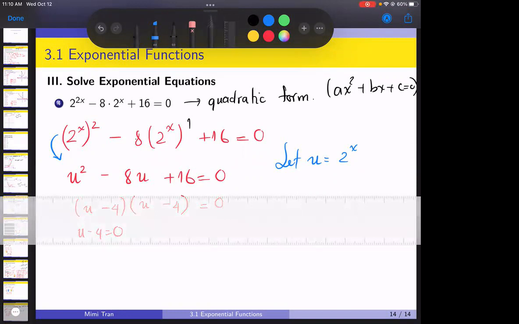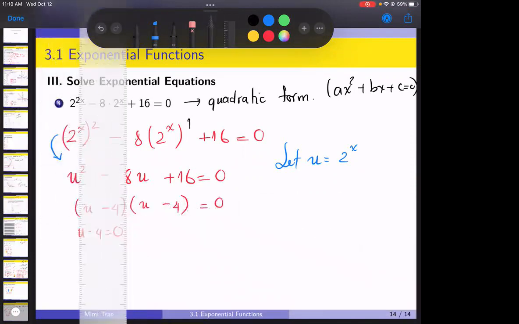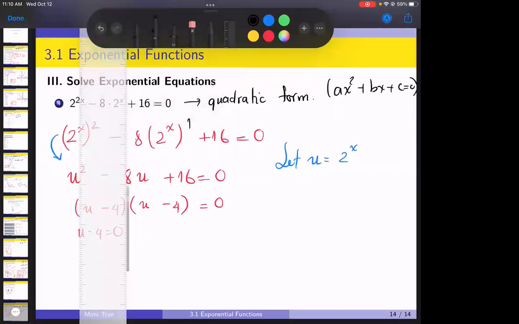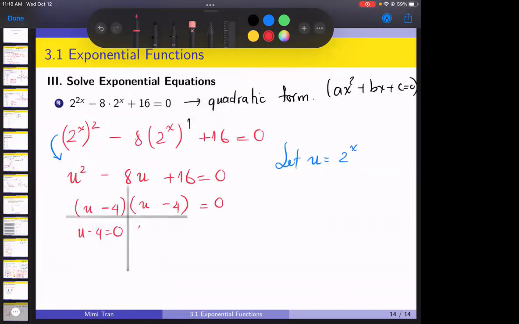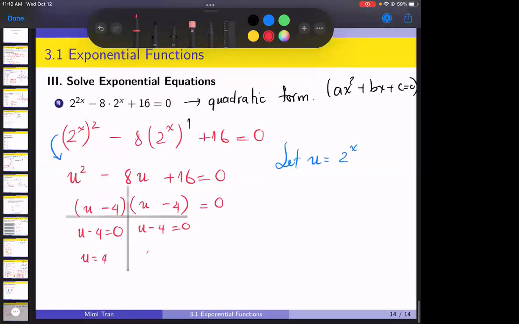So u equals 4. It's called a double root. Now we're not solving for u.